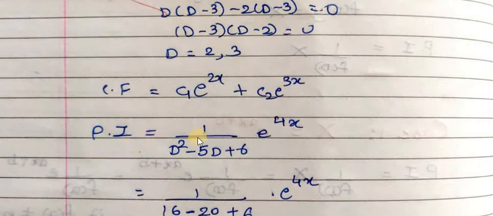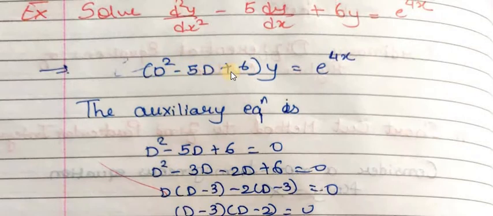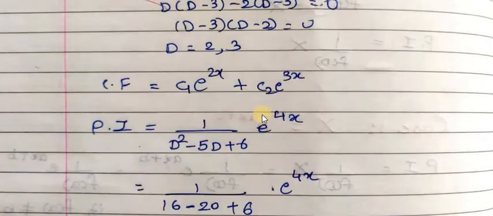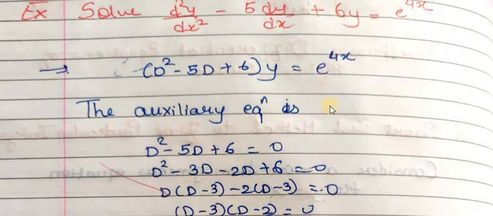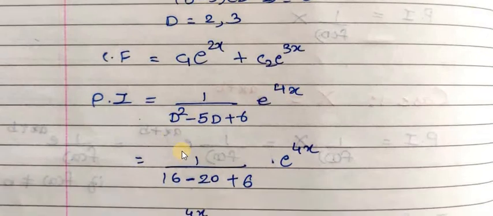The formula of PI is 1 over function of D into X. So 1 over function of D, where function of D is D square minus 5D plus 6, and X is e raised to 4x. Now applying the shortcut method, we have to replace D by 4.